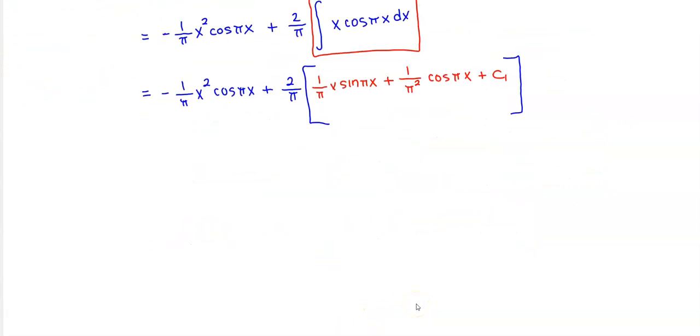So now let's go ahead and distribute and simplify even further.